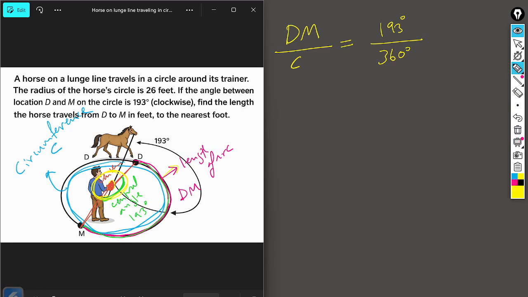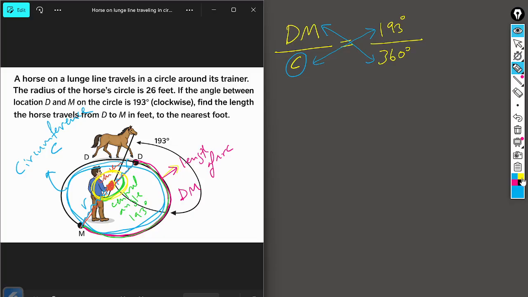We need to do a multiplication like this, DM times 360, and now 193 degrees times circumference. Because I know the radius, I can find the circumference.